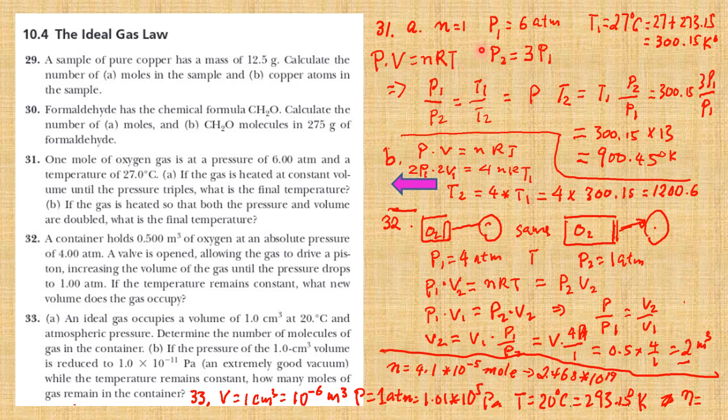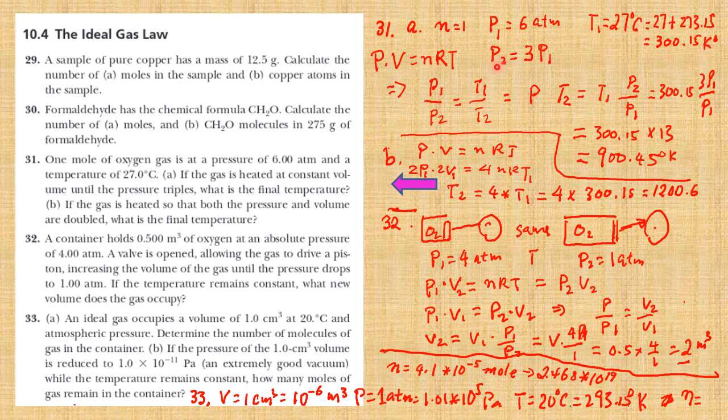So we have P1 and T1 to begin with, and then P2 and T2. P1 is 6 times atmospheric pressure, and T1 is 27. To use the ideal gas law, you must convert that into Kelvin. So simply add 273, so the starting temperature is 300.15 Kelvin.